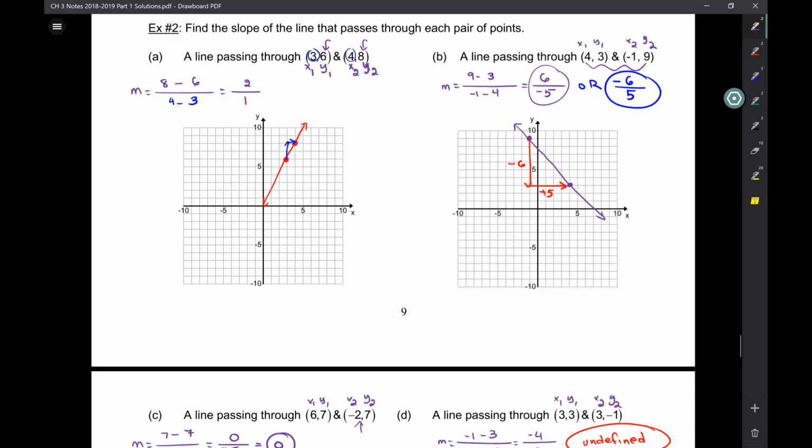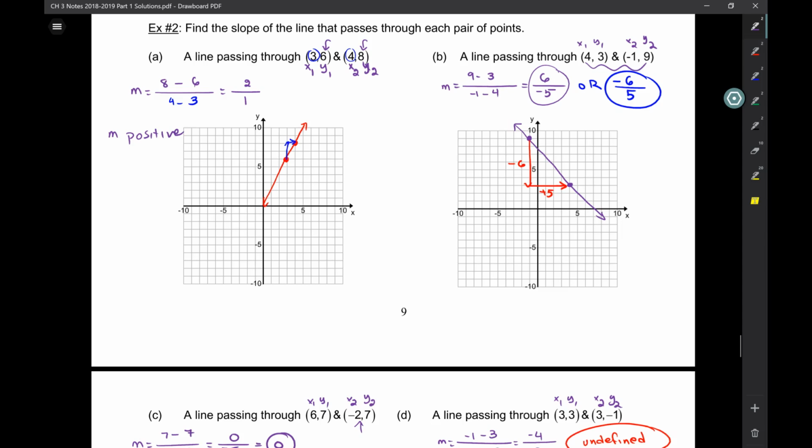Okay. Now, we did 4 examples. Look at this first one. The slope was positive, right? And if you look at the line, again, always from left to right, it's increasing, okay?